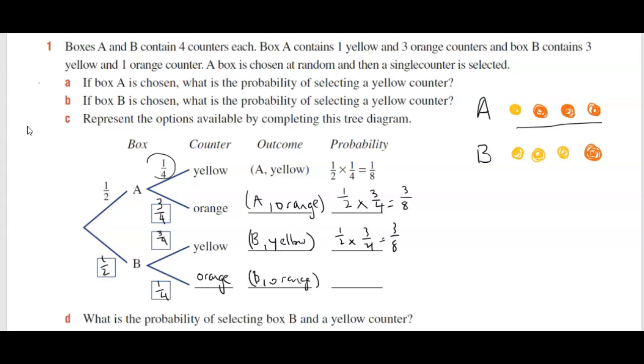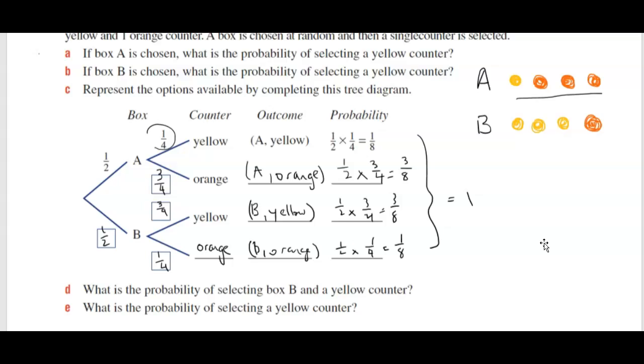And then 1/4 times 1/2, or I did set it around the other way, is 1 over 8. And when you add up all these probabilities along here, it should equal 1. So all your outcomes should add up to 1, the probability of all your outcomes.